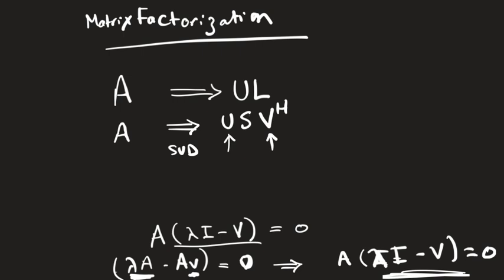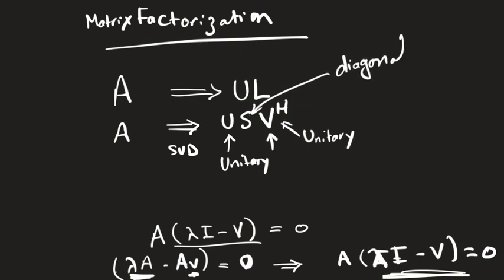Unitary is an orthogonal unitary matrix. So this is a unitary, and this is also a unitary matrix. And they are orthogonal to each other, so the U and the V are orthogonal to each other. And the S is a diagonal matrix, and this is a diagonal one. Okay, that's the singular value decomposition.